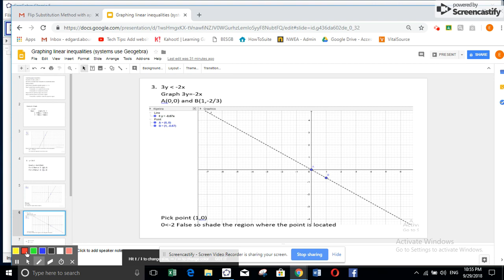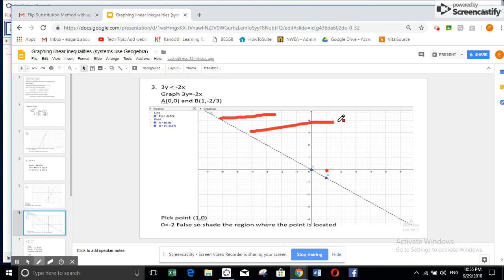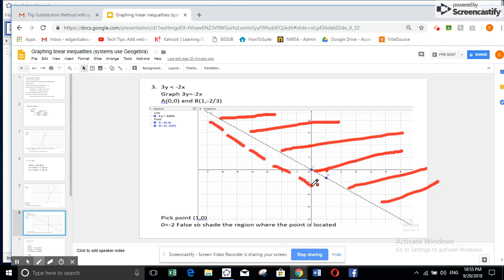Let us pick a simple point. I can pick the point 1, 0. So if you replace x by 1, and y by 0, you're going to get 0 smaller than minus 2, which is wrong. So since this point is wrong, the whole region will be wrong. So I shade it up. I don't want it. So I'm left with the region below. And because the boundary, I don't need it, I put what?